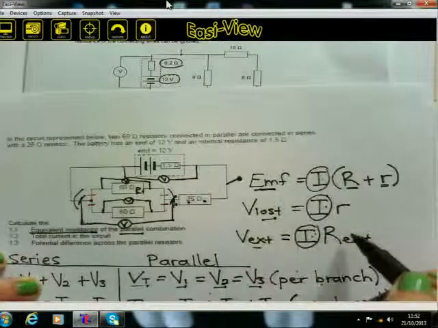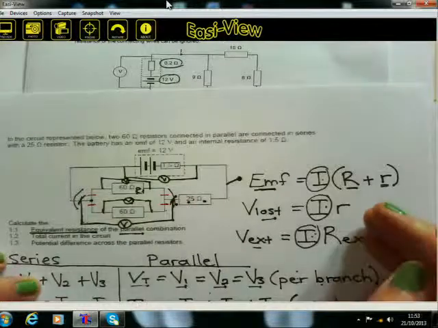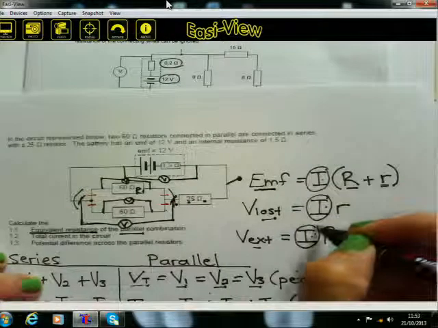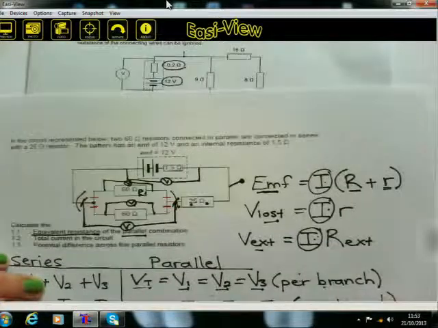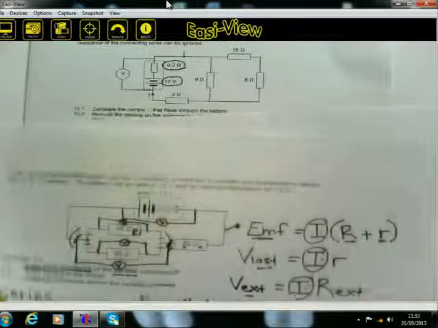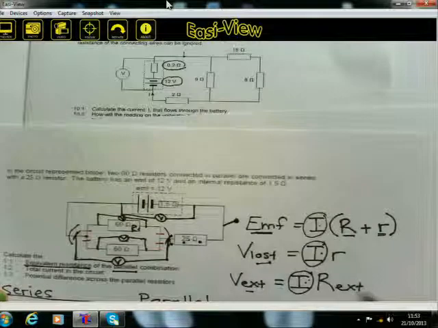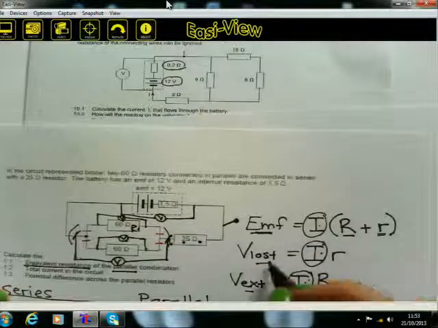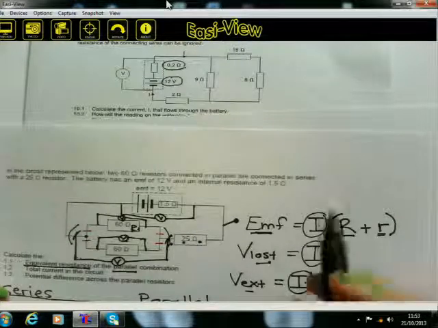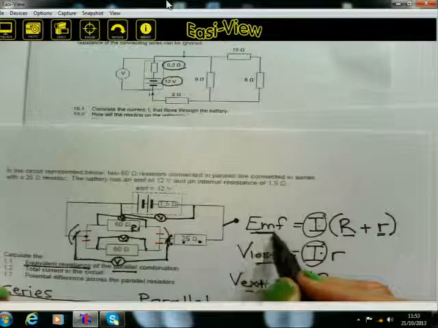One 8 ohm and another 8 ohm. And this voltmeter only takes the reading of one resistor, not both, not the whole branch. If they asked the whole branch, then your answer would just be 6.4 volts, because that is the reading of the whole parallel part. But now they're only asking one resistor.